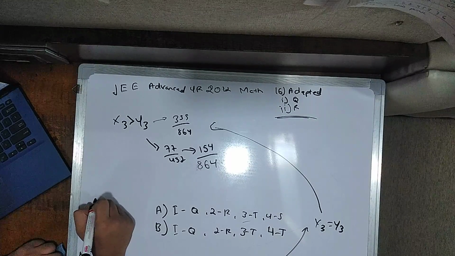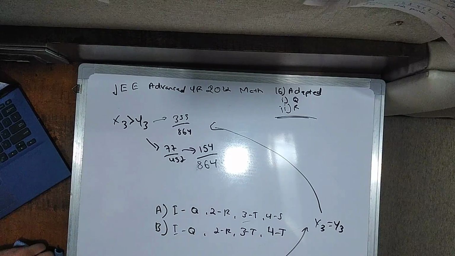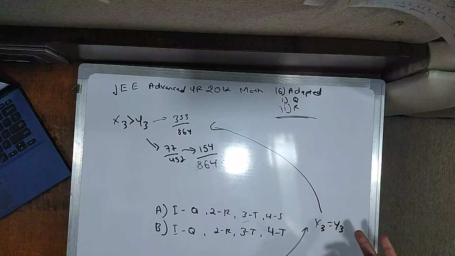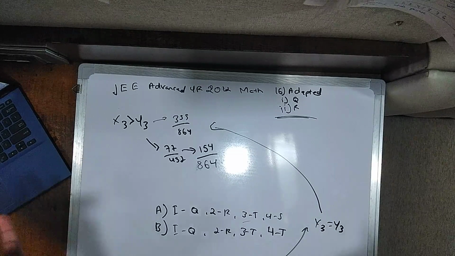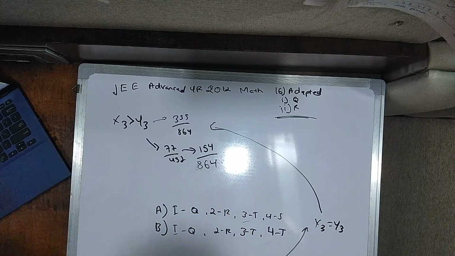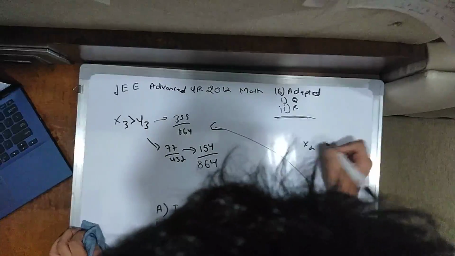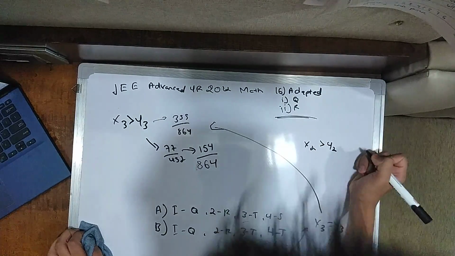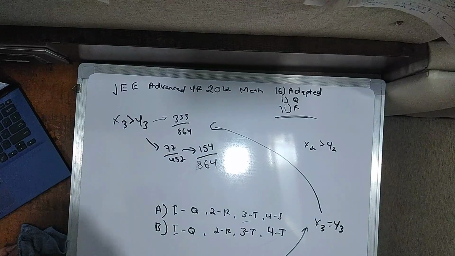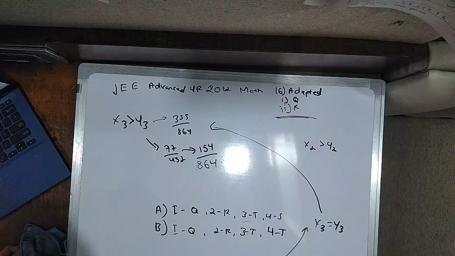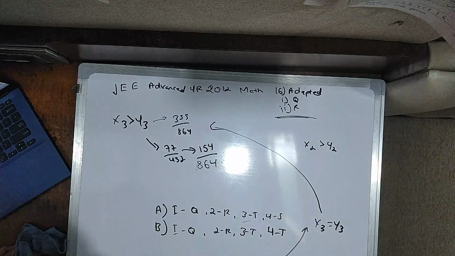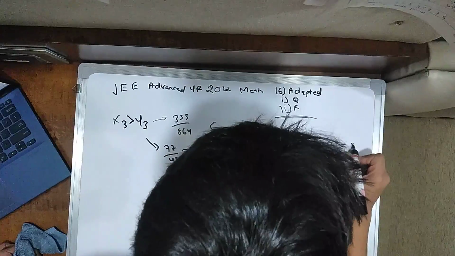As you see with the 2 case, it's obvious to be the same with the 3 case, but in the same order. Probability that x2 is greater than y2. What was that probability? I forgot. R. So R is 5 by 16.